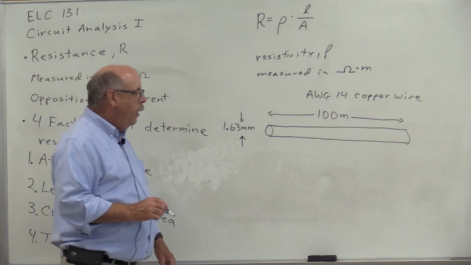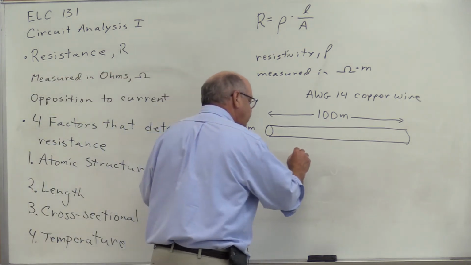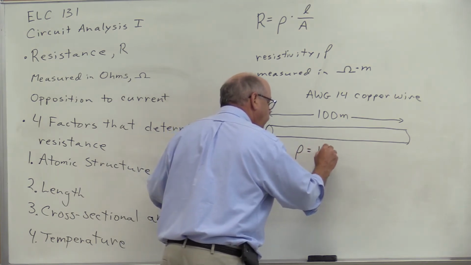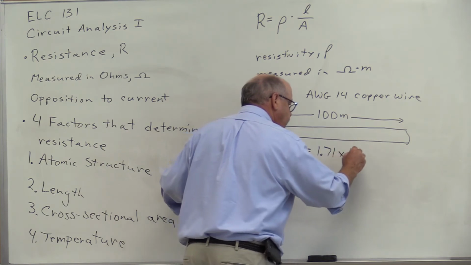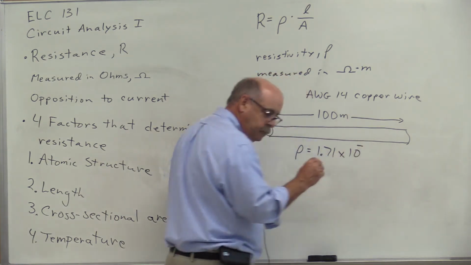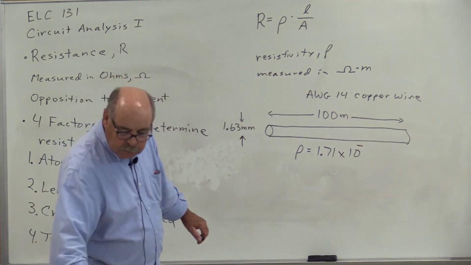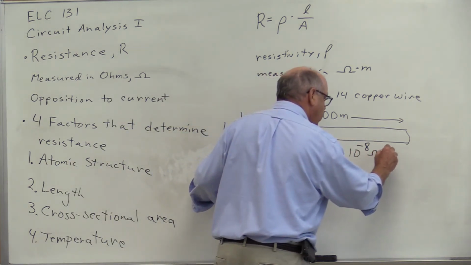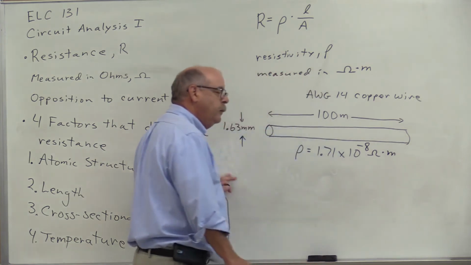And copper wire has a resistivity of 1.71 times 10 to the negative 8 ohm meters.